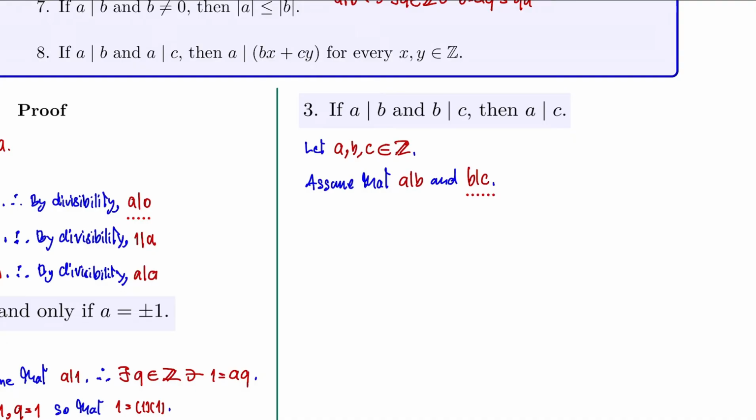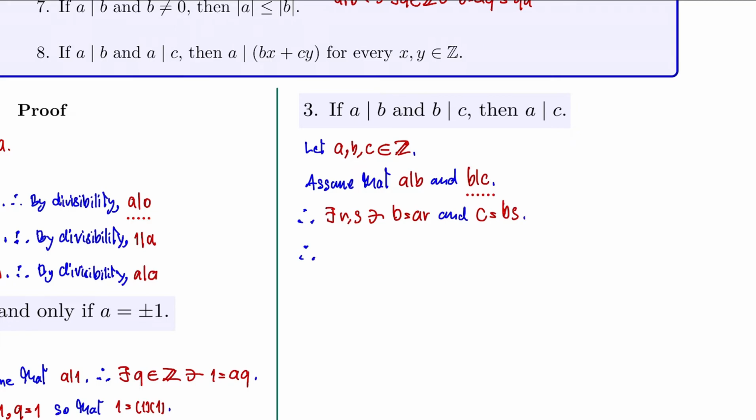So by divisibility, what do we have? They exist, let's use r and s, such that since a divides b, we have b equals a r, and c equals b s. I want to show a divides c, so I have to write c.